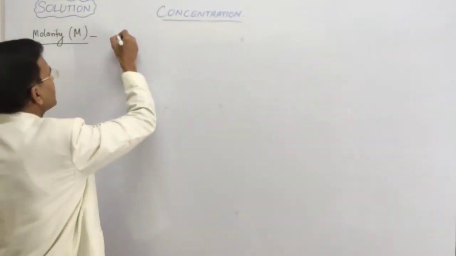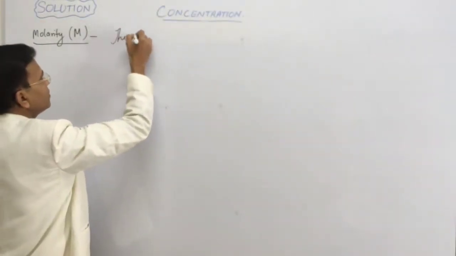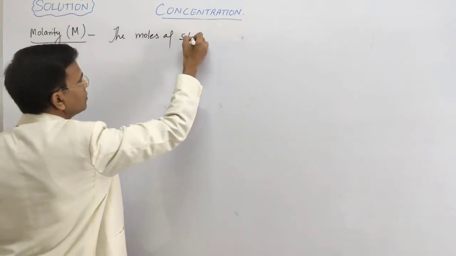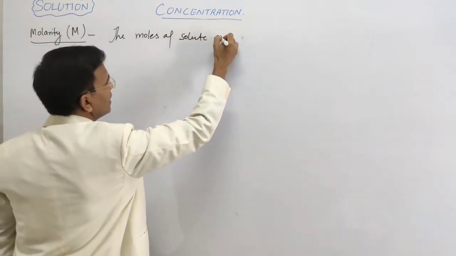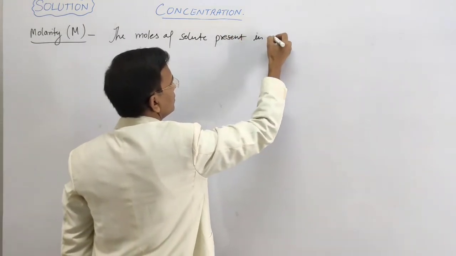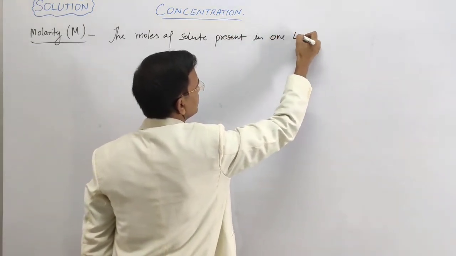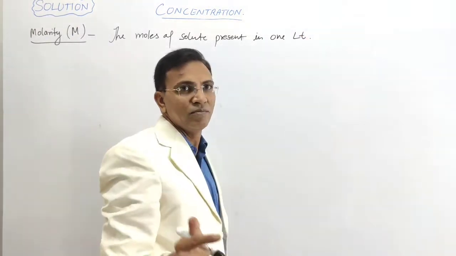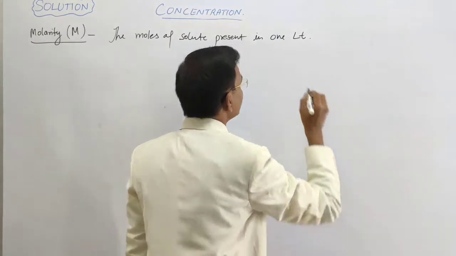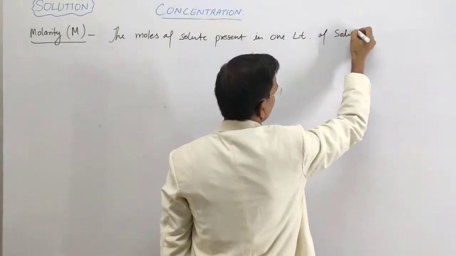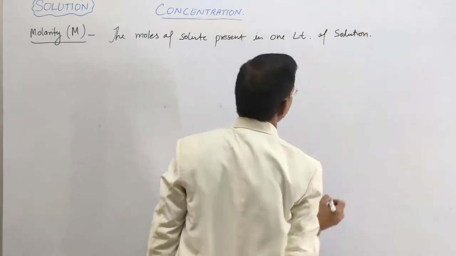So here it is the moles of solute present in 1 liter. It is specified, it must be 1 liter of solution, right?